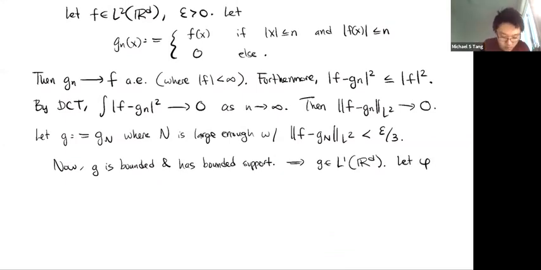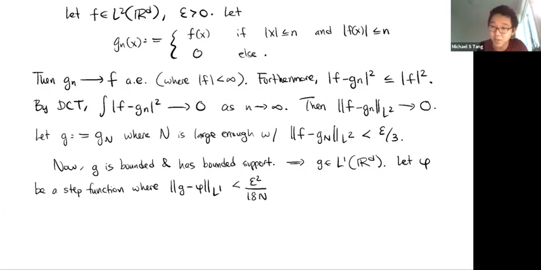Let's say phi is a step function close to G in L1 norm. Specifically, I'm going to use this magic value, which is going to help out at the end: epsilon squared over 18N. That's going to cancel out and give us the answer we want.